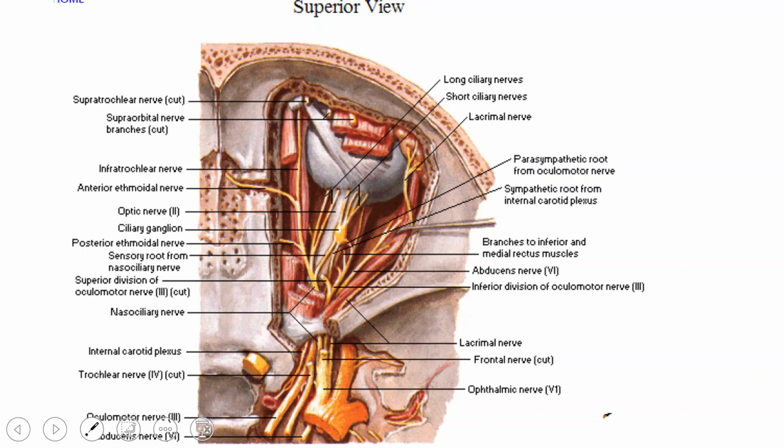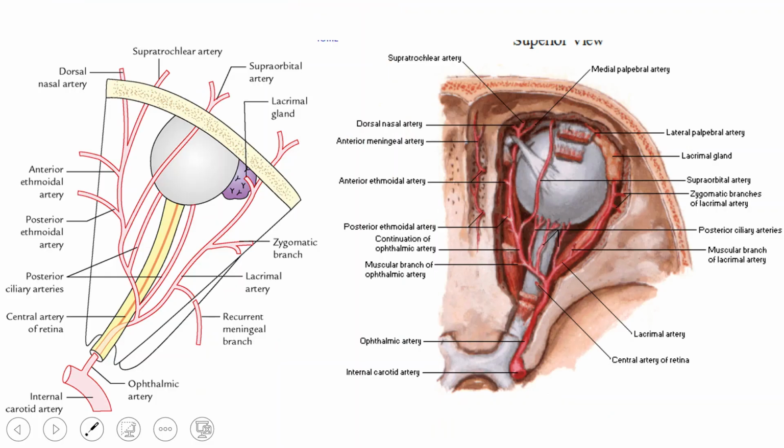In the deeper dissected view, the ciliary ganglion is appreciated, and we can also make out the nervous supply of the inferior division of the oculomotor nerve to the inferior rectus and the inferior oblique muscles.